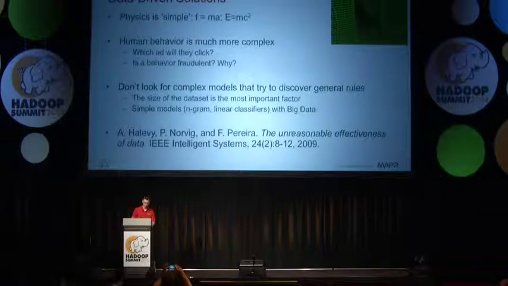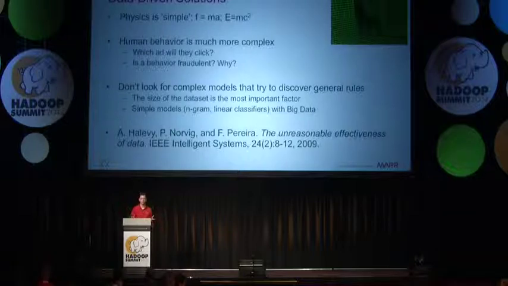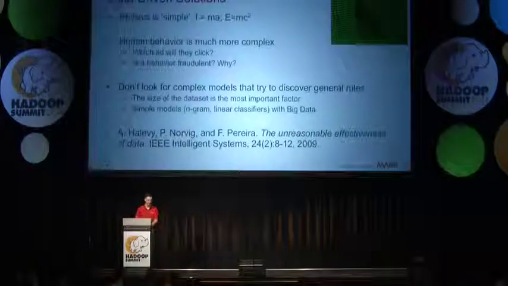And one of the insights published by this rather well-known group of people from Google, the unreasonable effectiveness of data, is that if you have a lot of data available, and it's easy to say that if you're Google, admittedly, then it's not necessary to come up with very complex models.